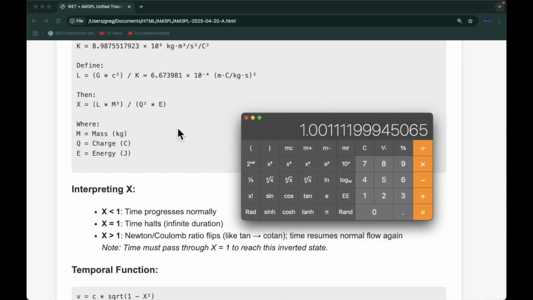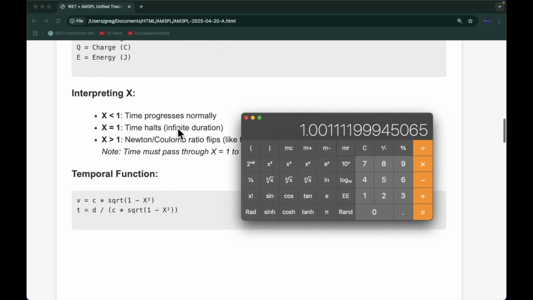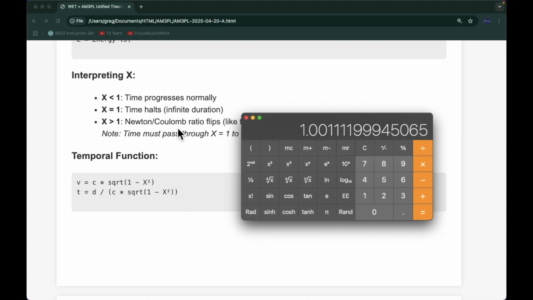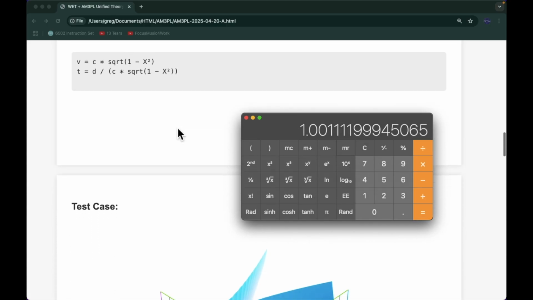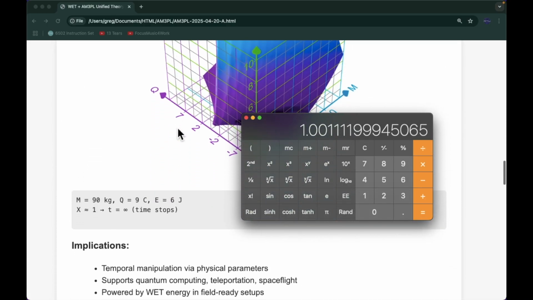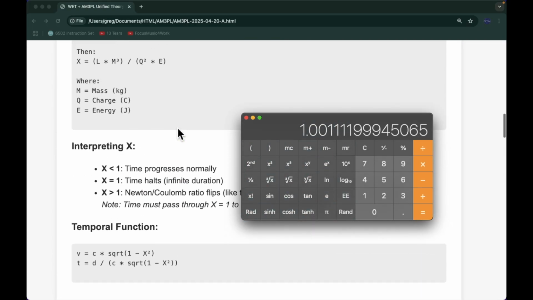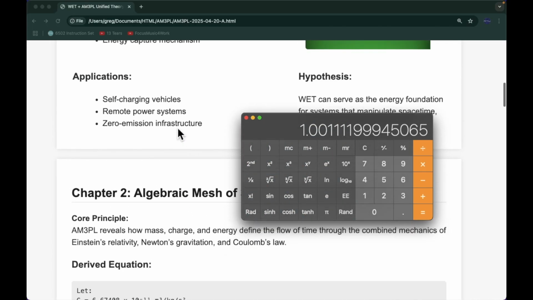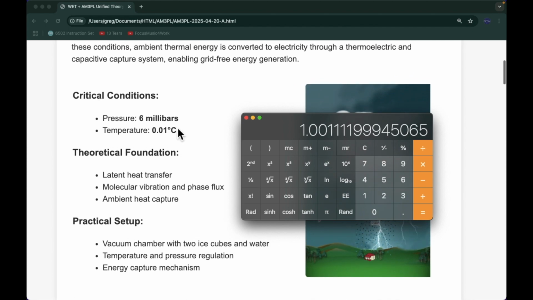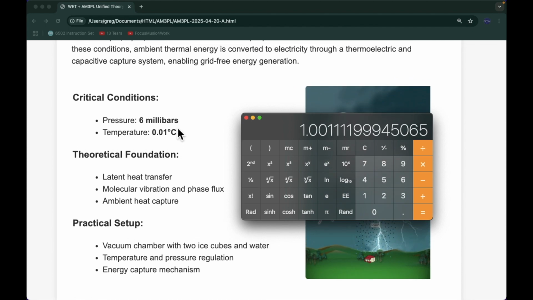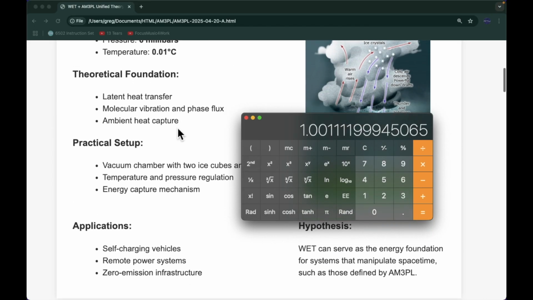And those are pretty reasonable values. And it's got to pass through 1 to get there. I can refine the numbers better, but I like the integers.